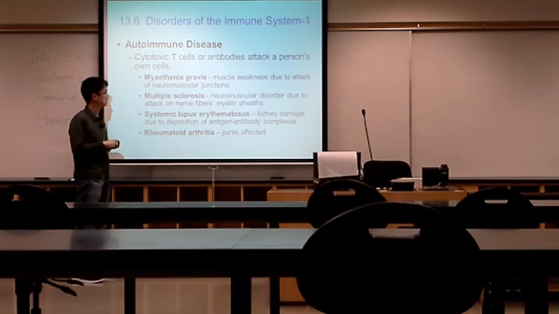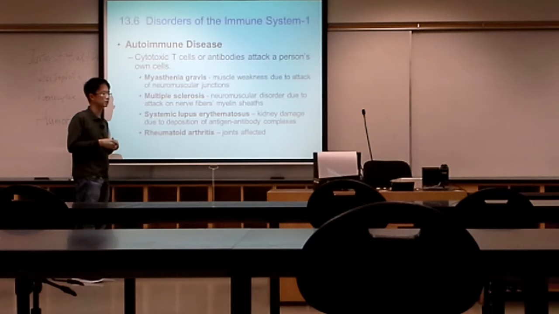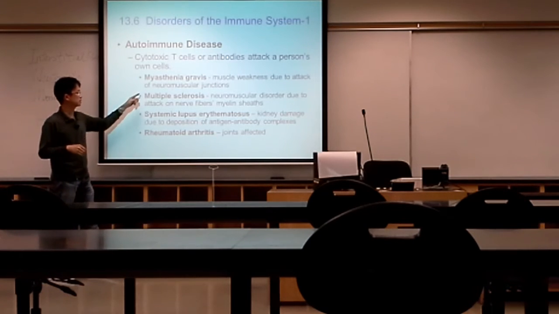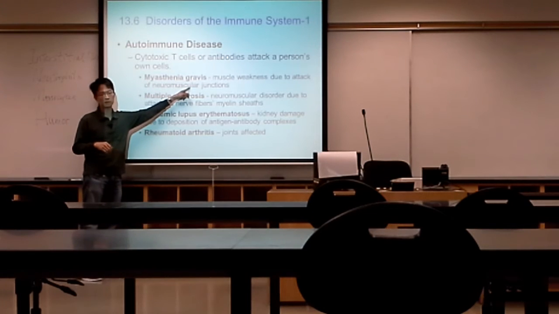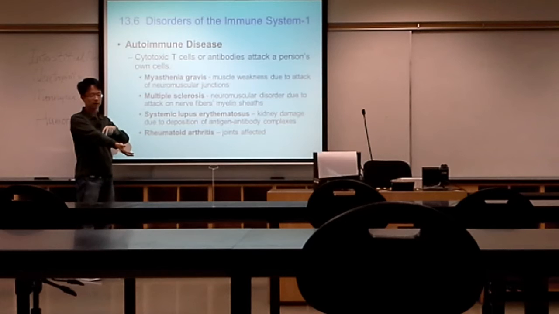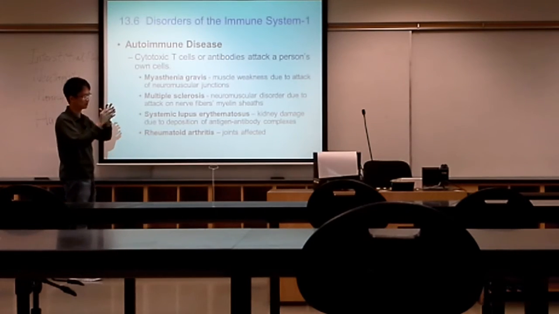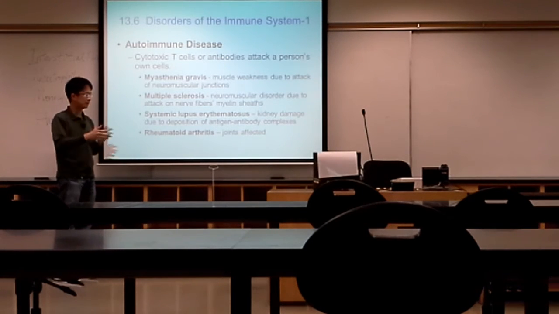It is a muscle weakness because our own immune system attacks the neuromuscular junction. Neuro means the nervous system, the nerve. Muscular, muscle. Junction is basically the part where our nerve makes connection with the muscle. It is that particular area that the immune system attacks.